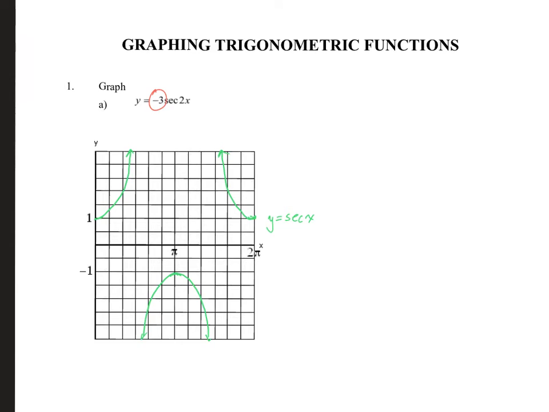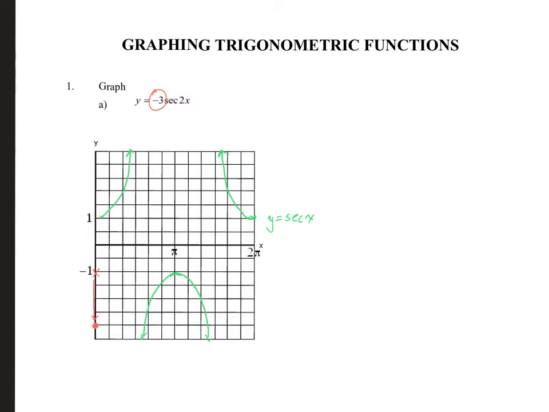I know the negative means I'm going to reflect it in the x-axis, and I know that the 3 means that I need to have a vertical stretch by a factor of 3. So this first point that I've just put as an x is going to get reflected across the x-axis and vertically stretched by a factor of 3. So it's going to get stretched down to 3. There is its finishing position.